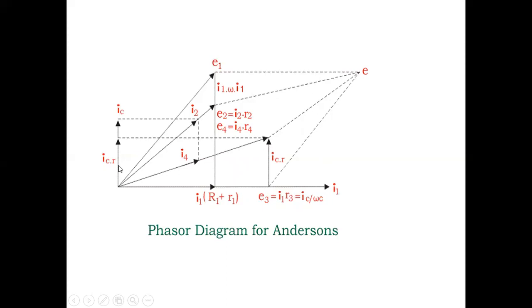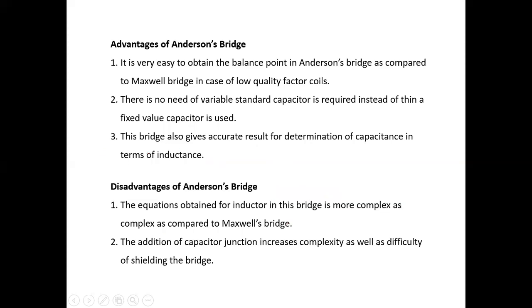The addition of IC and I4 gives I2, and in phase with I2 is E2, that is I2 into R2, and E4 is equal to I4 into R4. Then the addition of E1, E2, E3 and E4 is the total induced EMF. This is the phasor diagram of the Anderson bridge.